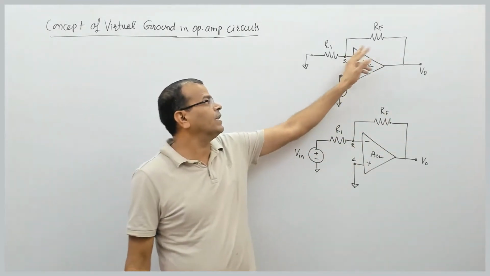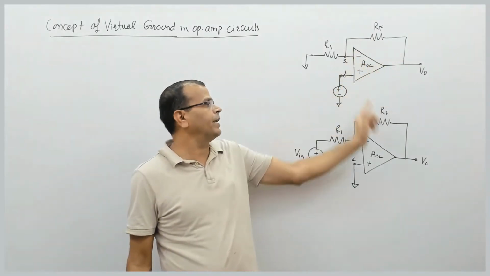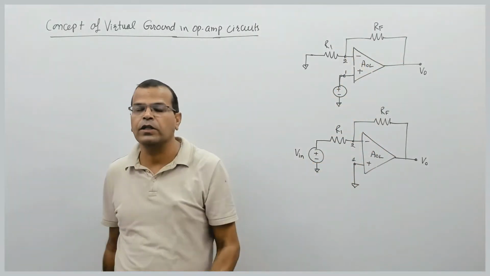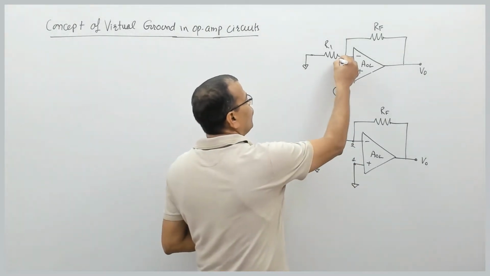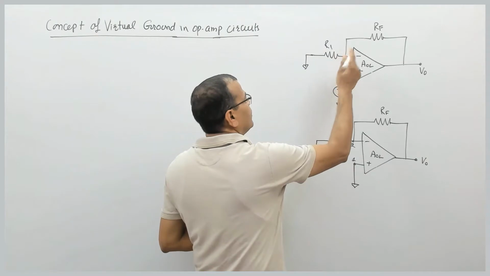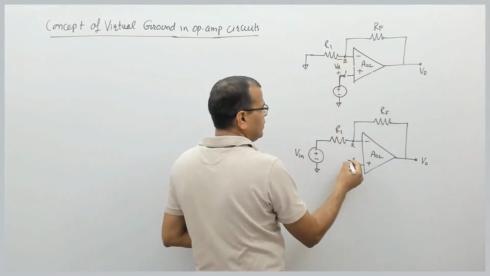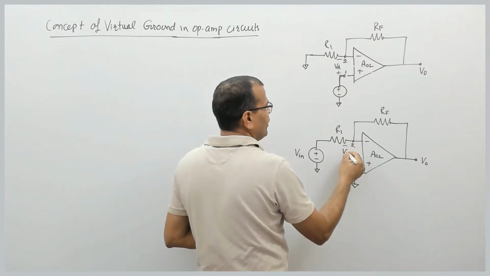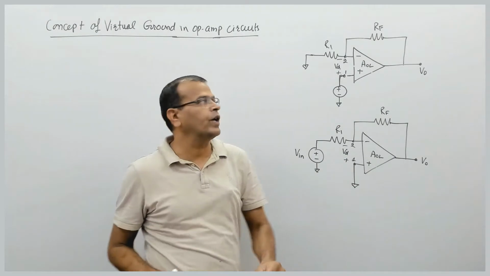Both of these circuits have negative feedback because the output voltage is fed back to the negative terminal in both the circuits, right? Now this is the input voltage of the op-amp, that is VD. That is the differential input voltage you can say.